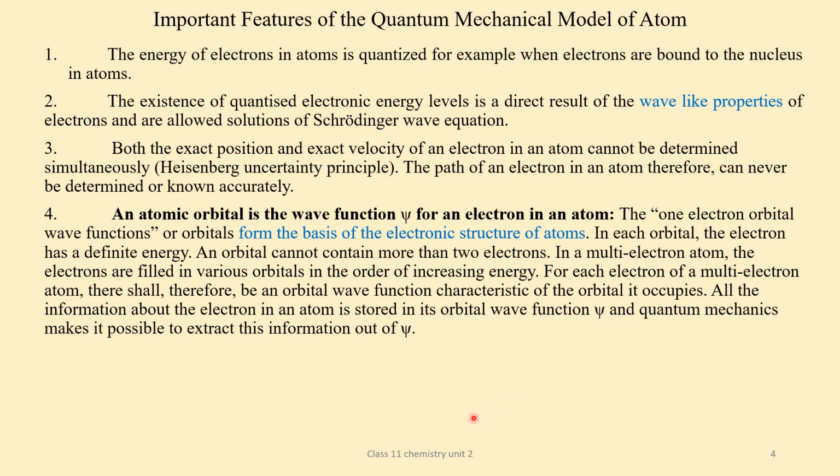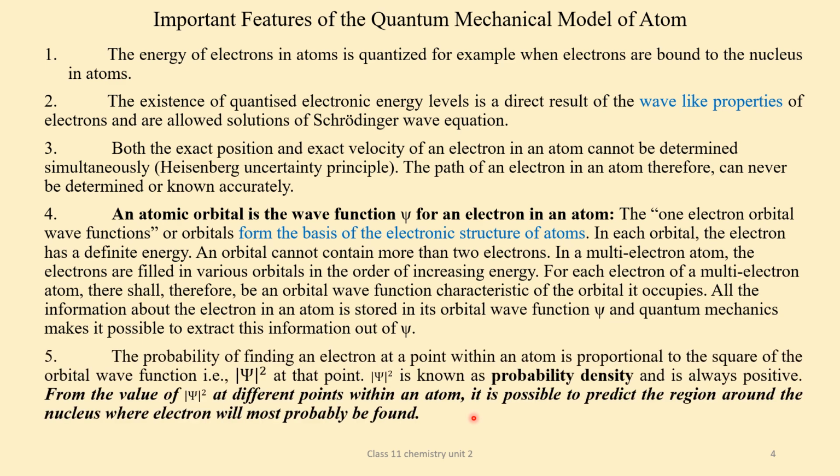For each electron of a multi-electron atom, there shall therefore be an orbital wave function characteristic of the orbital it occupies. All the information about the electron in an atom is stored in its orbital wave function psi, and quantum mechanics makes it possible to extract this information out of psi.